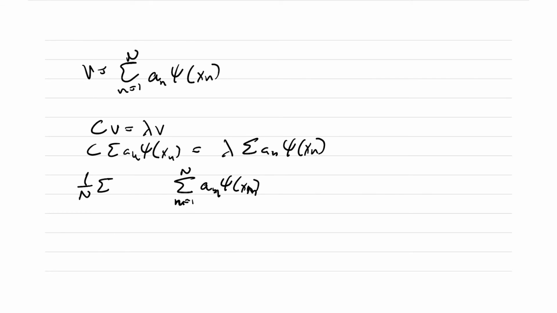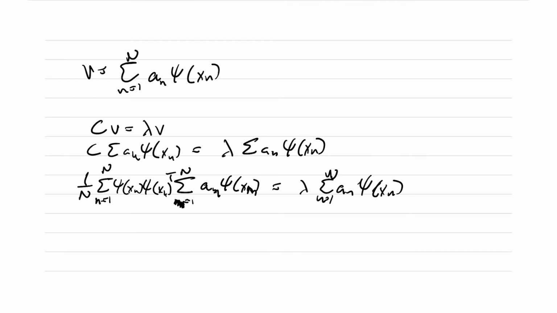But here C is this, psi of x_n against psi of x_n transpose. And now this is equal to lambda times the sum of a_n psi of x_n, n equals 1 to capital N. And this is n equals 1 to capital M. This one is m, remember.